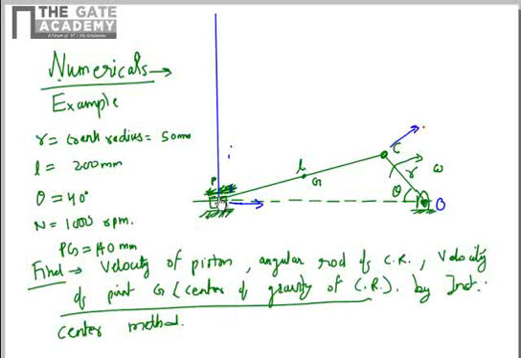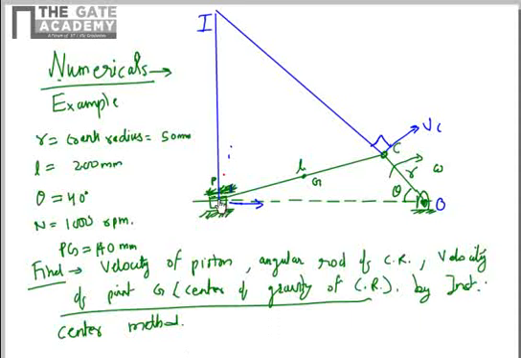So VC will be like this, and we have to draw a line perpendicular to that. So we have to just extend the crank in this direction. They will intersect somewhere here. This point we will term as I.